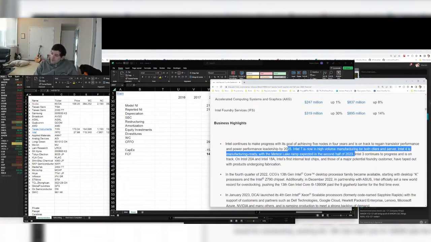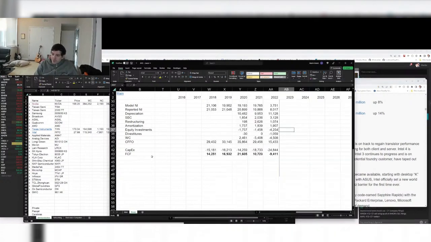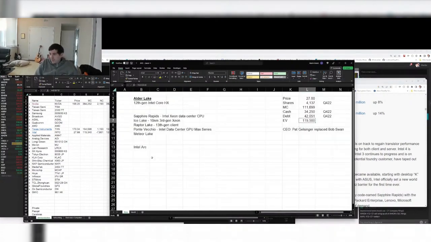I'm guessing this is nanometers, so Intel 7 is the 7 nanometer process, is my guess.